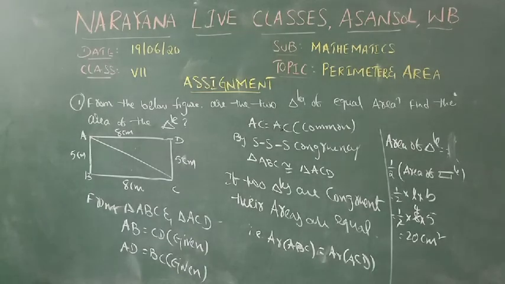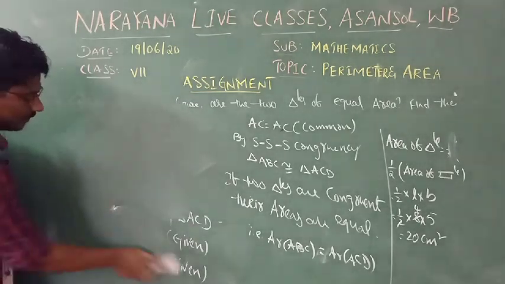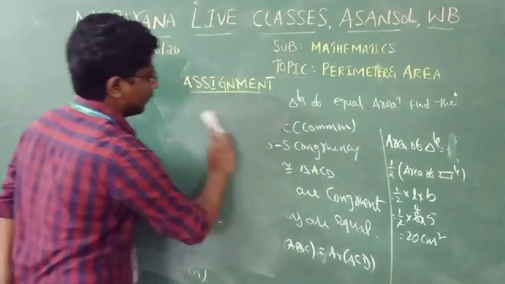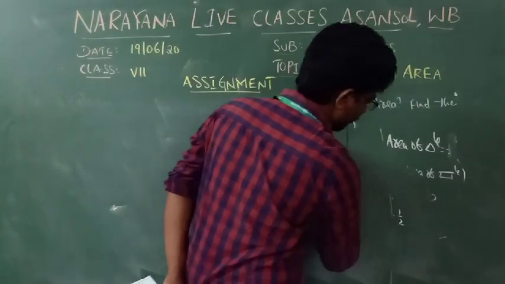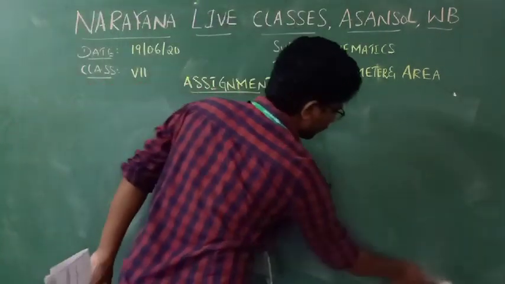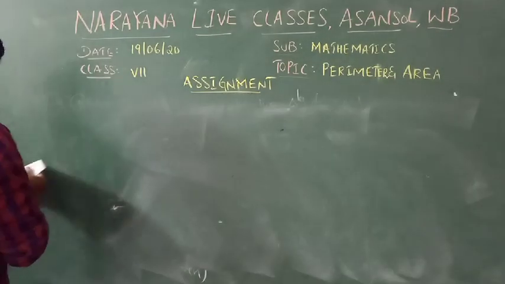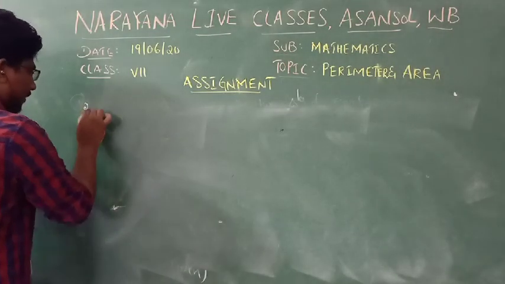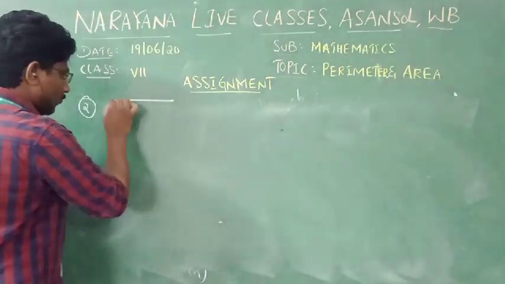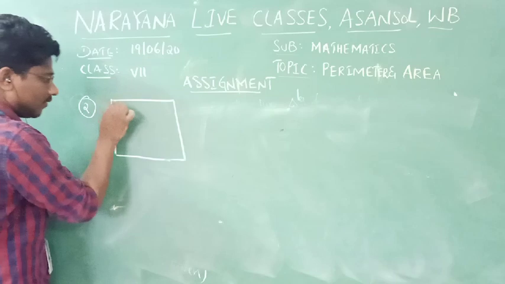Now if you go to the second question, what is the second question? The second question is there is one square of side 5 centimeter.